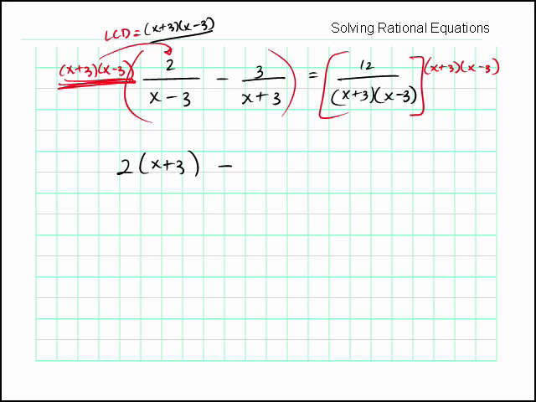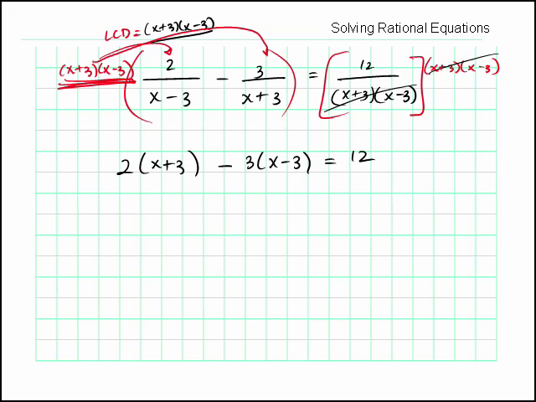If I multiply this to this, the x plus 3's cancel away, and that leaves me with a 3 times x minus 3. And on this side, the only thing that's going to be left is 12. I've eliminated all the fractions.